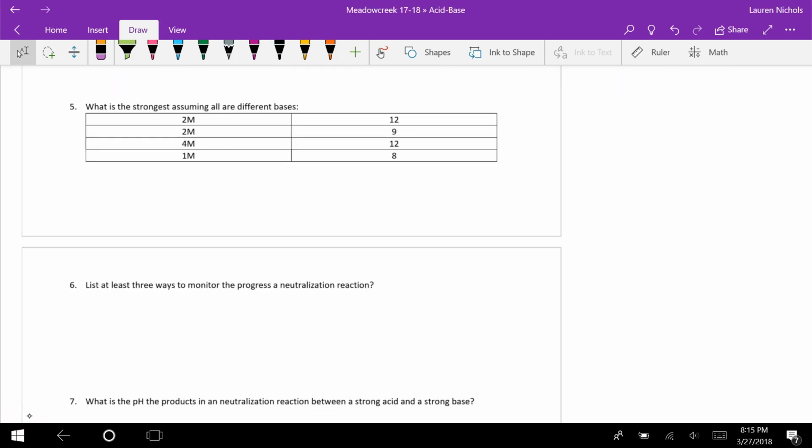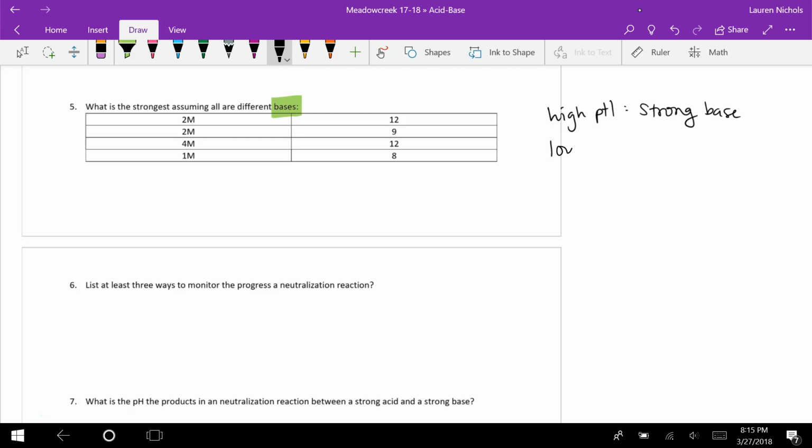The next thing we want to look at is number 5. So what is the strongest, assuming all are different bases? Okay, so the keyword here is bases, because that means if I'm looking at a pH scale, a high pH is an indicator of a strong base, right?